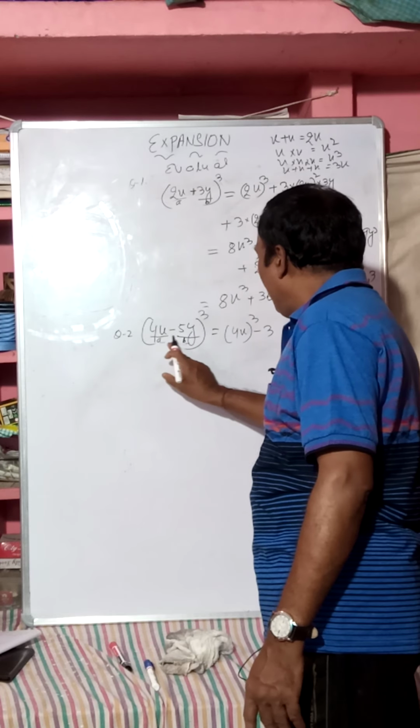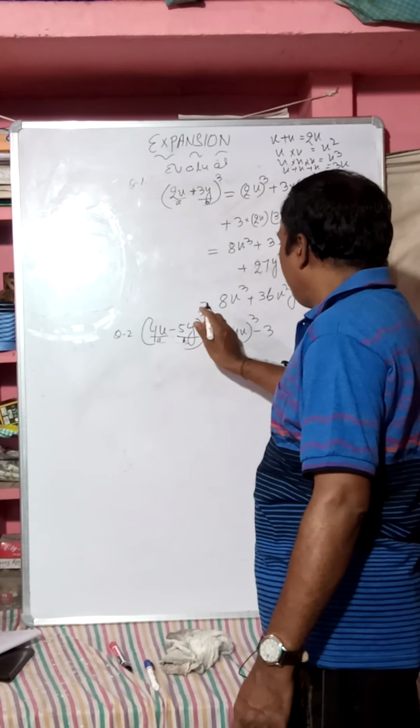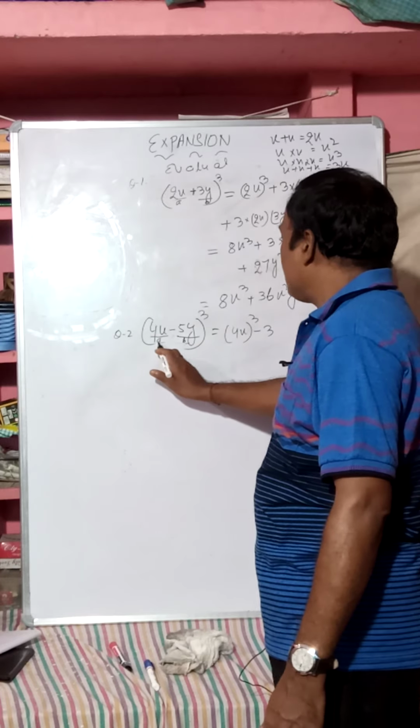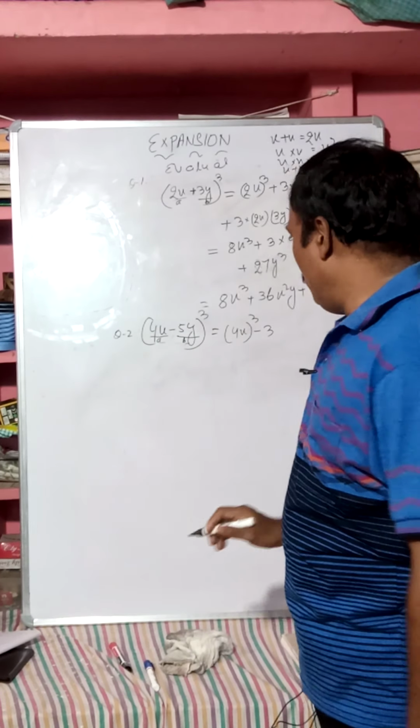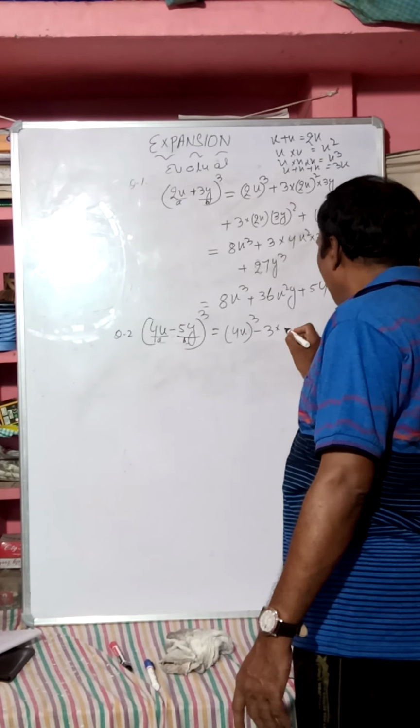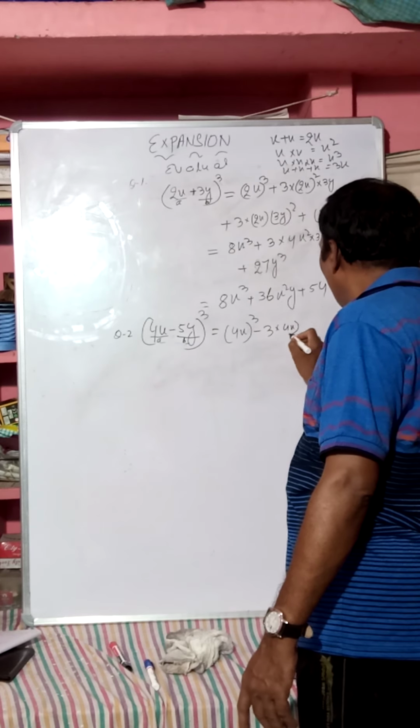So this is a and this is b. A minus b whole cube. A cube means 4x whole cube minus 3 into a square 4x whole square.